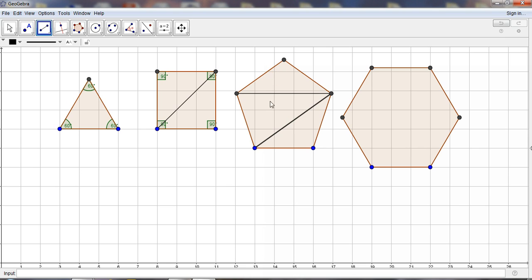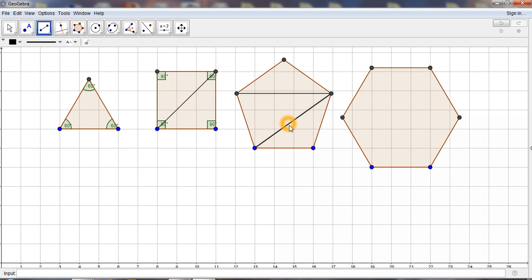We have 1, 2, 3. This implies that the sum of the interior angles of a pentagon is equal to 3 times the sum of interior angles of a triangle.